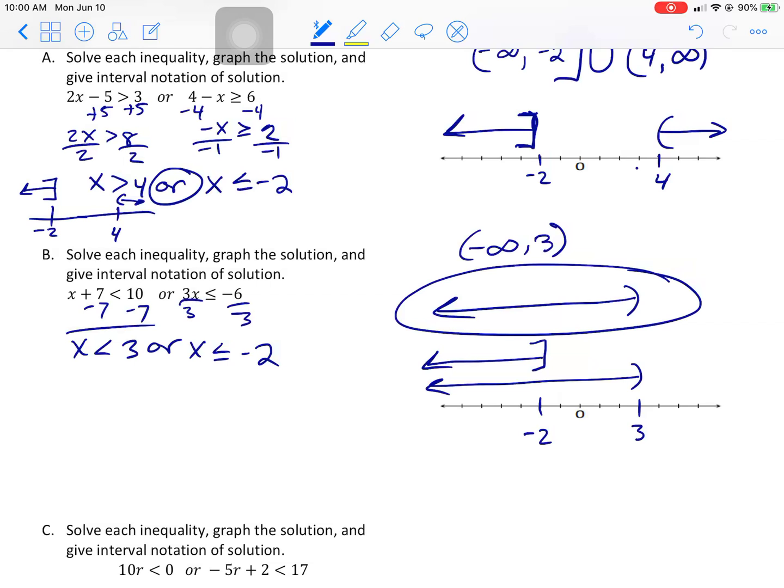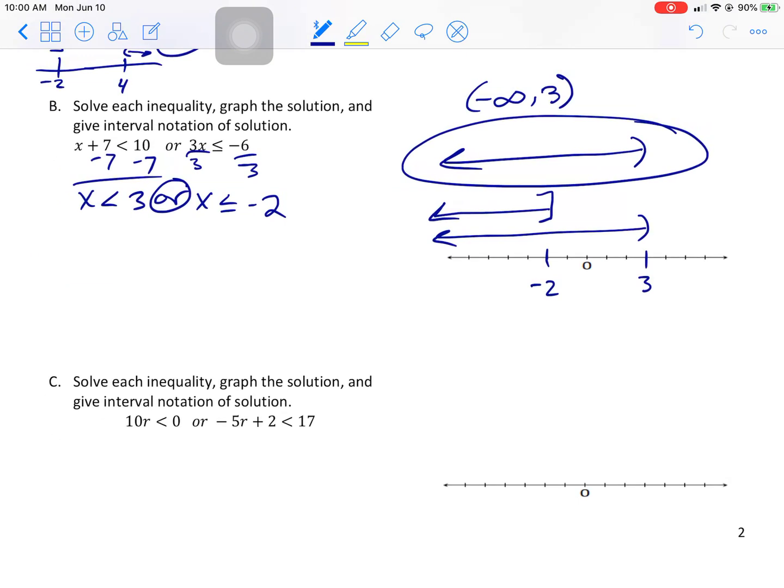The biggest area, because it's an OR. All right? And then this one here, divide by 10, that is less than 0. -5r is less than 15 divided by -5. Dividing by a negative flips that around to greater than -3.